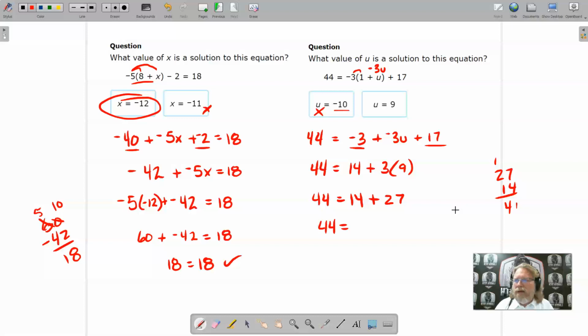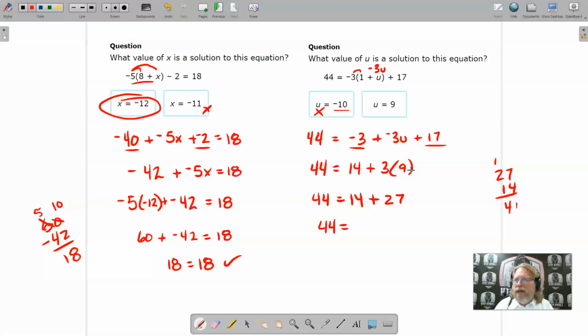Neither one's working. Let's see, start over. Did I mess something up? Negative times positive is negative. Positive times negative is negative. So it's negative 3u. Bring down my 17. 17 plus negative 3 is 14.